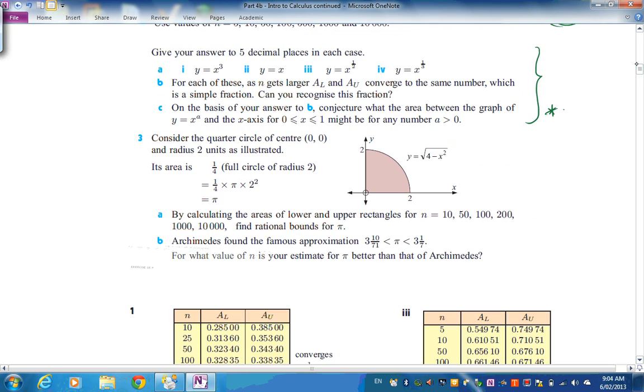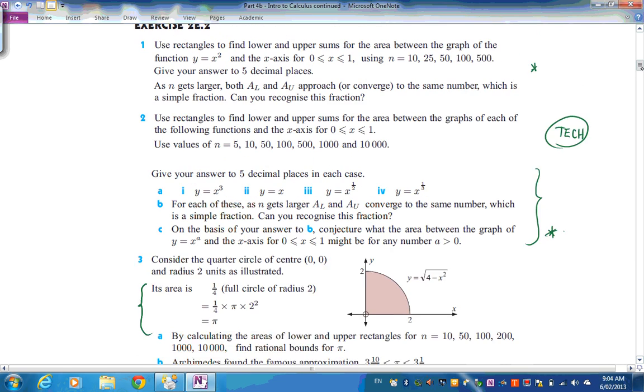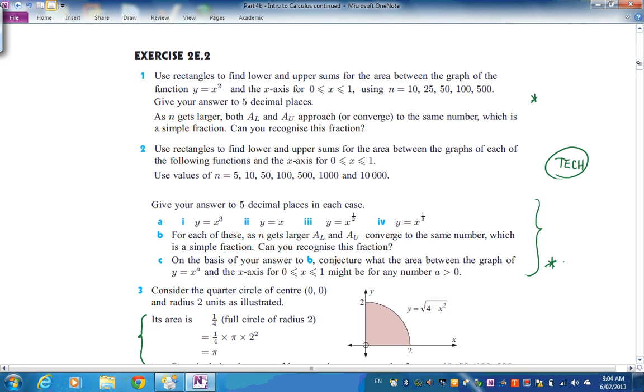Here's one here, question 3. Be careful there, and see what you think. I think there's an interesting one here. They work the area out using geometry. That's not a bad idea. All right, so pause the presentation and we'll put it back up here and have a go, and then we'll move on. This is quite a long presentation, so you might have to come back and do it in stages. Okay, I'm going to go on now.